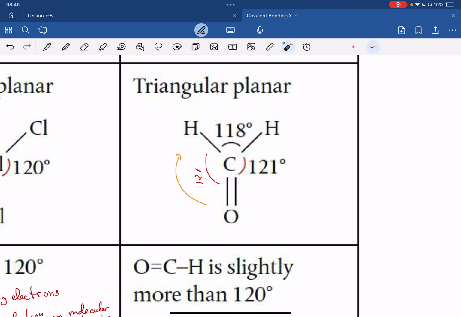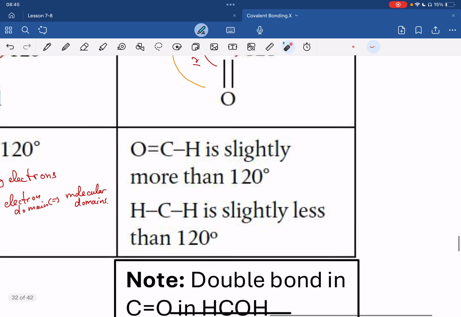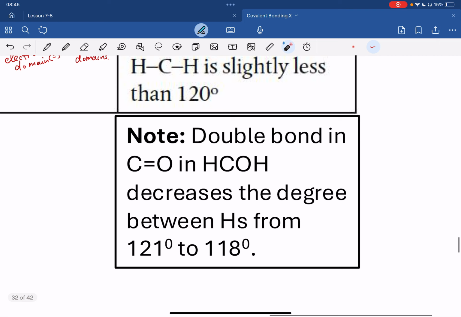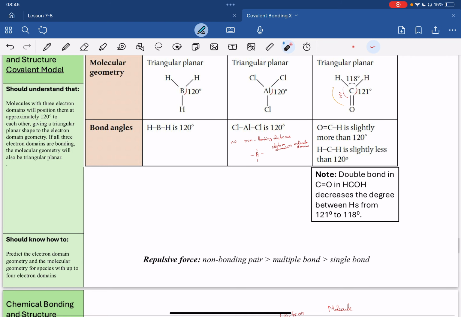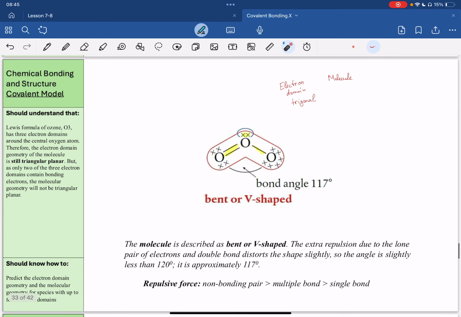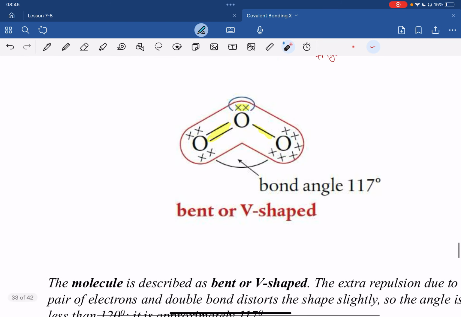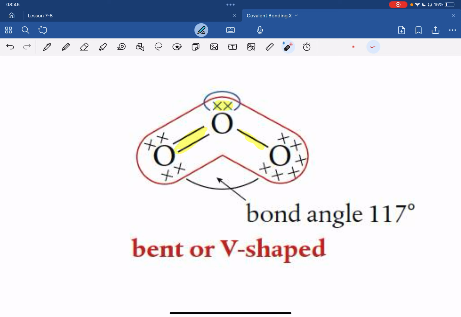So the angle will go down from 120 to 118. Just so you know that because of the double bonding, the angle decreases from 120 to 118. And now let's check this trigonal three electron domains.